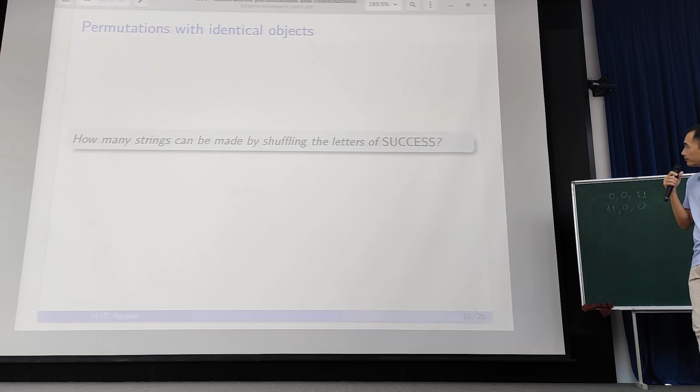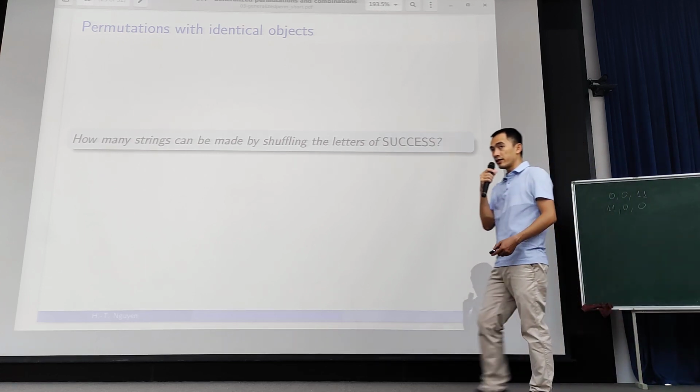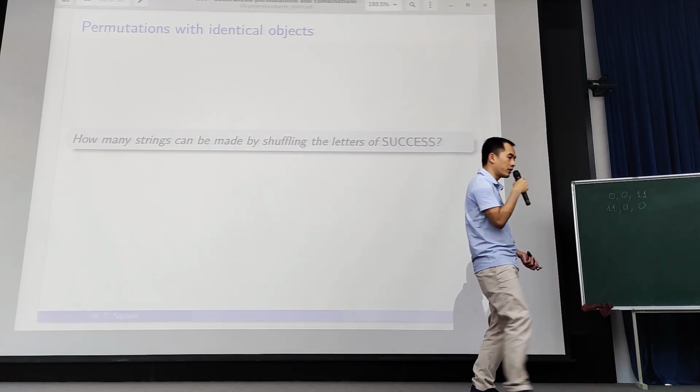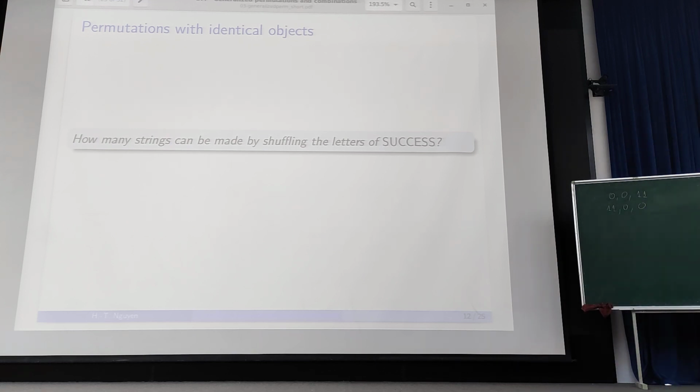Now, in the previous examples, we didn't have restriction on the number of repetitions. That means that you can have any number of cookies, of course bounded above by the total number of cookies.